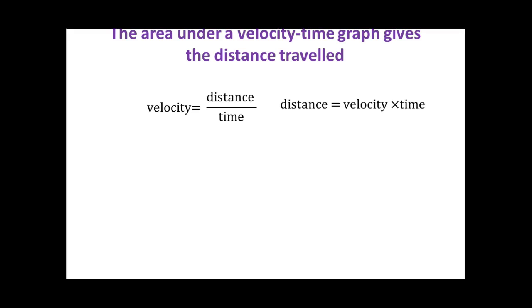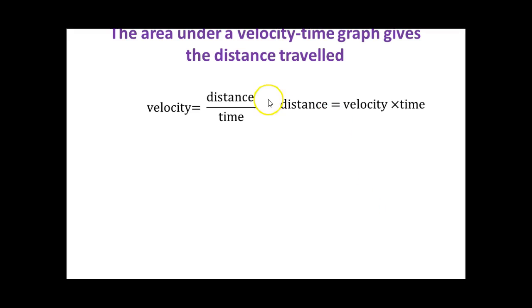Now, one interesting and important value that we can get from the velocity time graph is that we can actually use it to calculate the total distance travelled. So how can we do this? Well, if you remember the equation for velocity or speed, it was the distance travelled divided by the time taken. So we've shortened it here to velocity is distance over time.